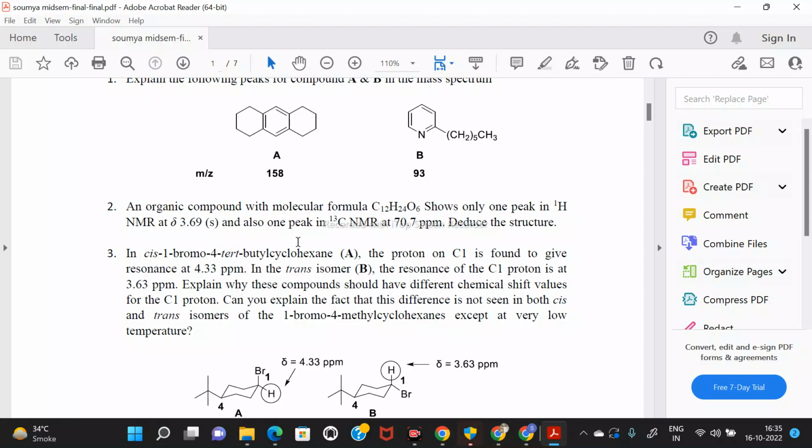Do you people know how to calculate DBE, double bond equivalent? What is double bond equivalent? Yes, sir. So what is the double bond equivalent in this case? First calculate that.